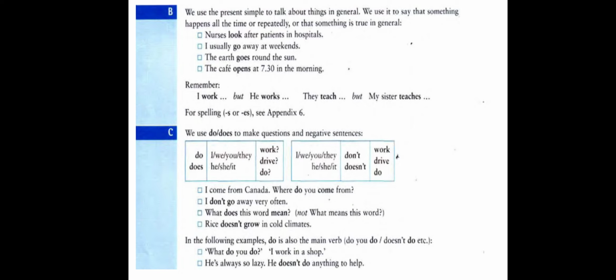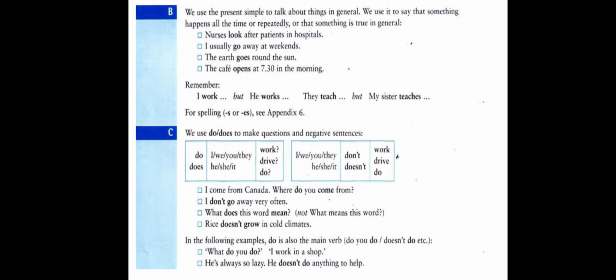In the case of singular, he works, she works, it works, he drives, she drives, it drives, it works, it does. So we must use S with the verb because the subject is singular.